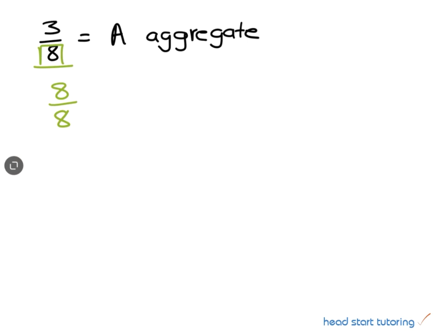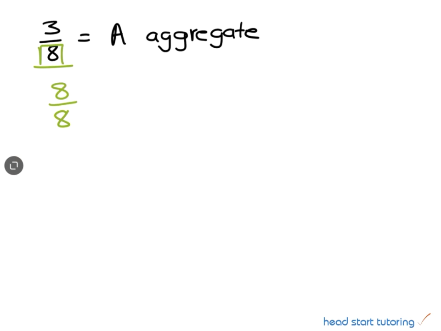So because 3/8 of the grade receive an A aggregate, we know that not all the students in that grade received an A aggregate. If, however, 8/8 of the grade received an A aggregate, we know that all the students in the grade would have received an A aggregate.